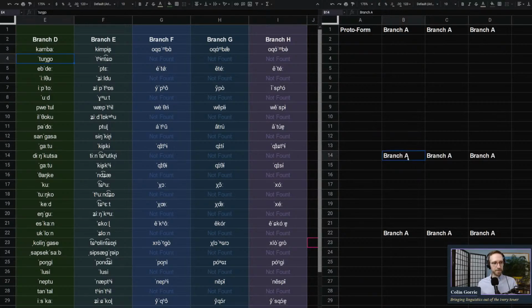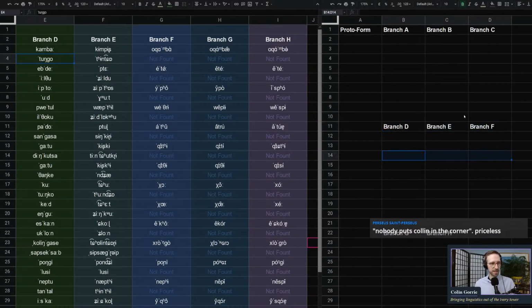All right. So this should be branch C, branch D, E, F, G, H, and we'll just put the rules below each of these little things. Okay. So then let's get started. So we have form 15.